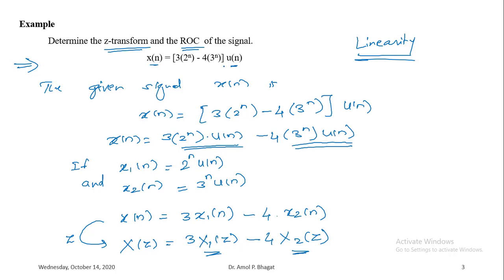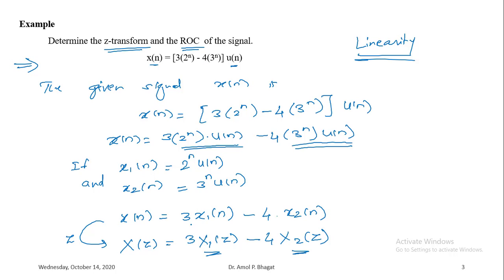For applying the linearity property, we separated the given signal into two distinct signals. From this x of n we have taken two signals, x1 of n and x2 of n, as 2 raised to the power n into u of n and 3 raised to the power n into u of n. The linear combination of these two signals can be represented as 3 into x1 of n minus 4 into x2 of n, because in this signal a1 is 3 and a2 is minus 4.